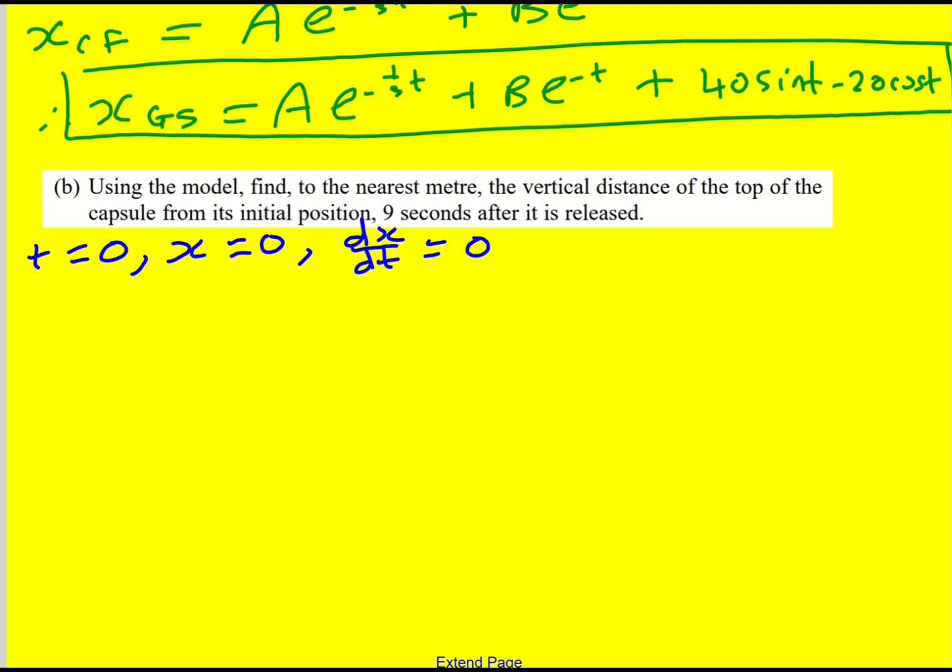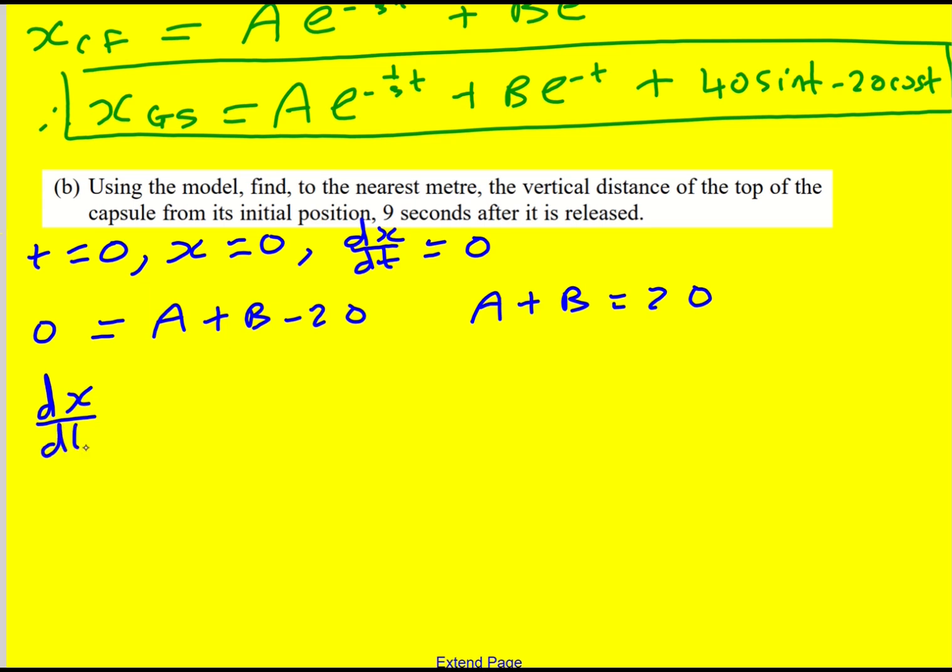And we can sub in. So if we just sub into our general solution, we'll get 0 equals a plus b minus 20. So a plus b is going to equal 20. Now we can't avoid it, we're going to have to differentiate, but it's not too bad. It's not like sometimes you get e to the t and sine in there as well, and you have to use the product rule. Not too bad here.